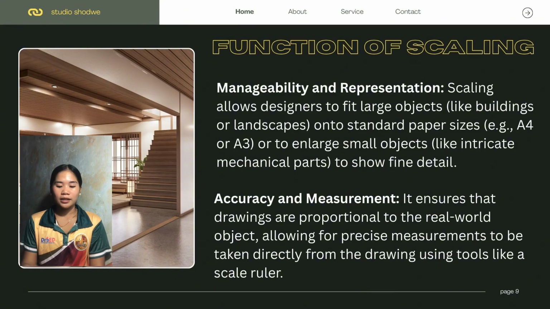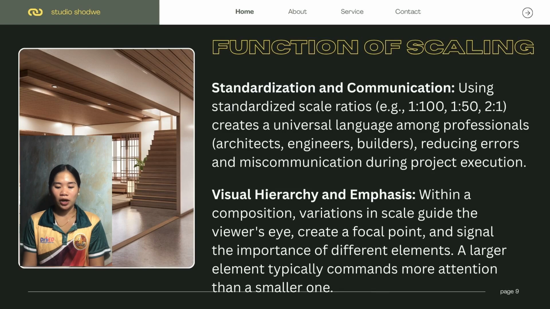And the next is standardization and communication. Using standardized scale ratios, for example 1 to 100, 1 to 50, or 2 to 1, creates a universal language among professionals: architects, engineers, builders, reducing errors and miscommunication during project execution.